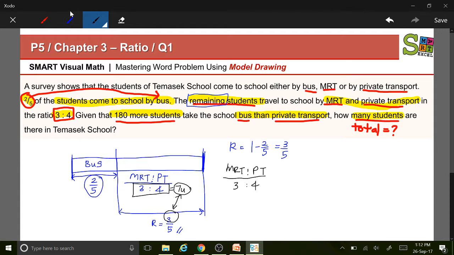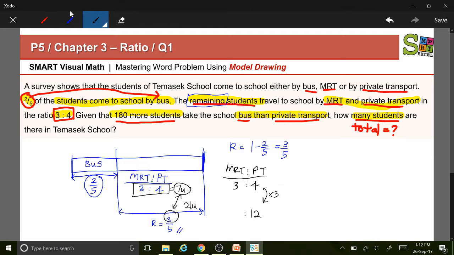So how do we change this? The LCM of 7 and 3 is 21 unit. So how do we change to 21? This will be, you multiply by 3, you get 12.